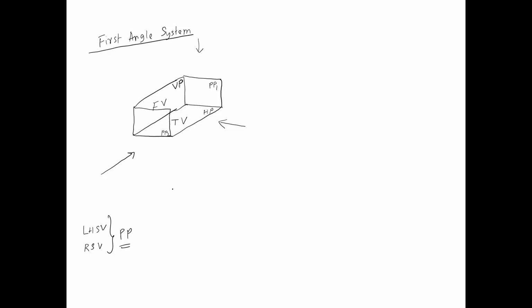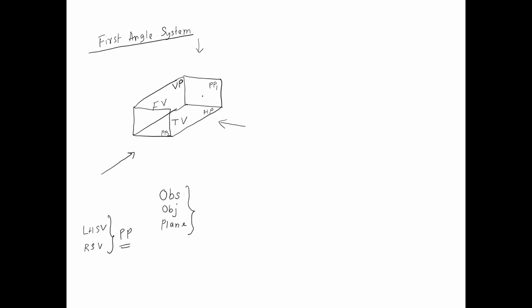For understanding that, you have to do some logical reasoning. There are three things: observer, object, and plane of projection. You have to see what is the order in which these three things are appearing.